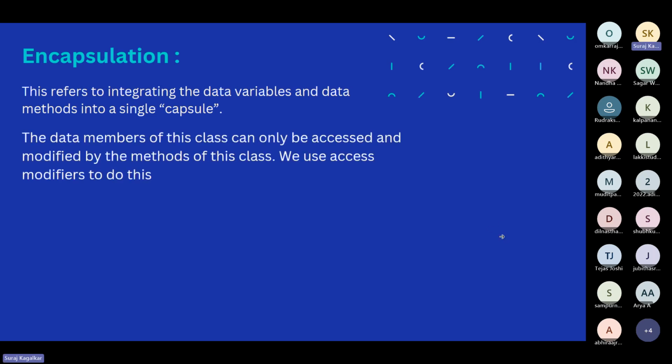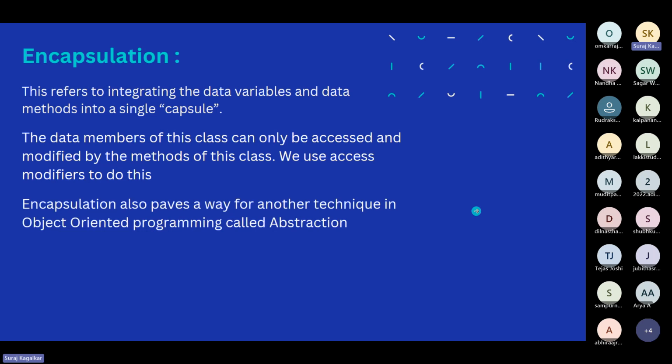You can see all the dependencies required for the particular program to debug if there is some bug. Data members can be accessed and modified by the methods of this class. We use access modifiers to do that. From the previous sessions, you might know what access modifiers are, but we will be going over them briefly in this session as well.